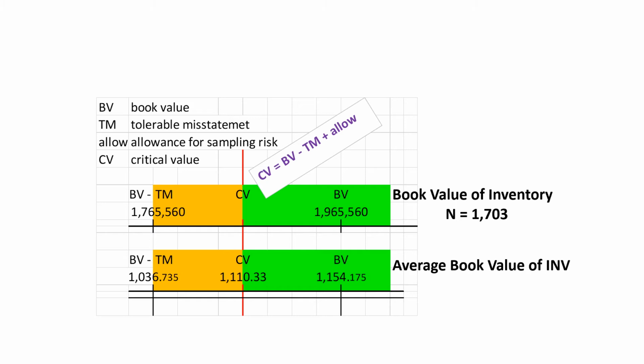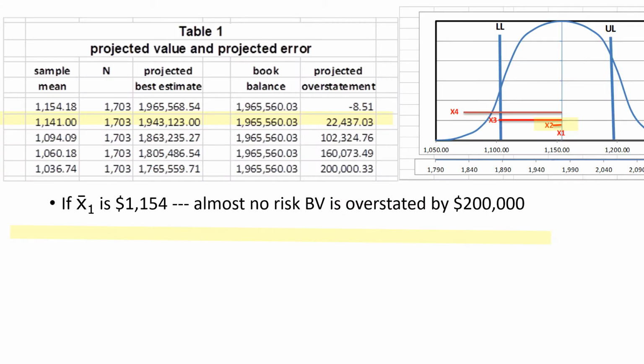Critical value of 1110, we'll get into that later on. And the book value minus tolerable misstatement is what we're trying to prove. We want our sample to provide evidence that the average exceeds 1036. This is just presented if you're comfortable with what you saw on page 251, 252 in that video.